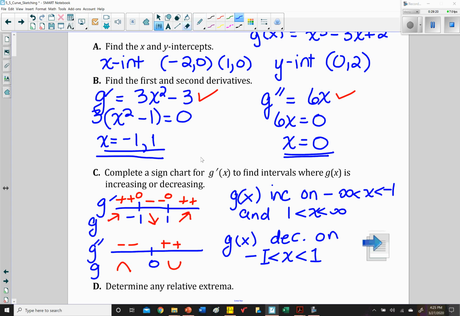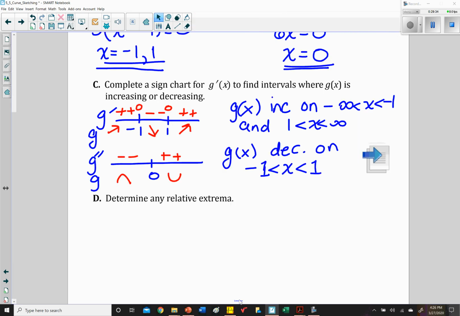And then we want to look at any extrema, determine any extrema. So where's that happening? Well, we got a maximum by substituting -1.